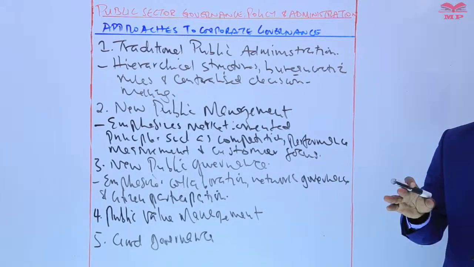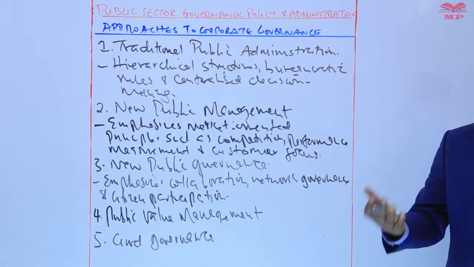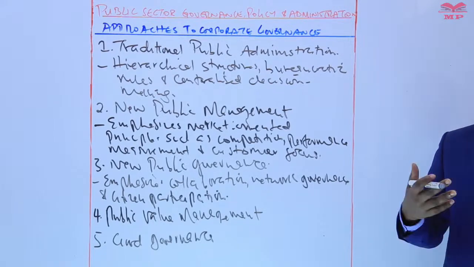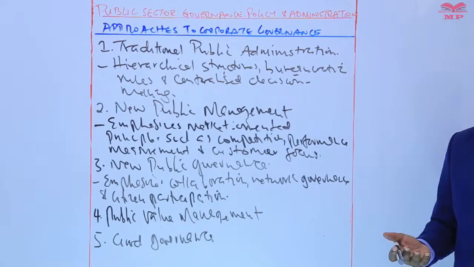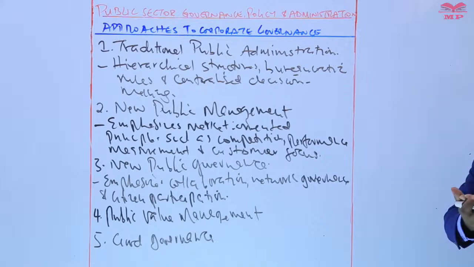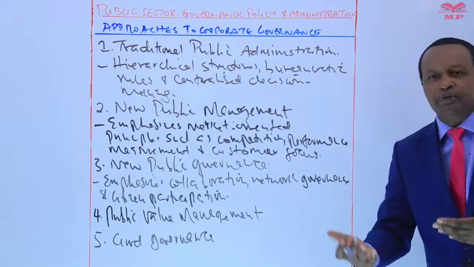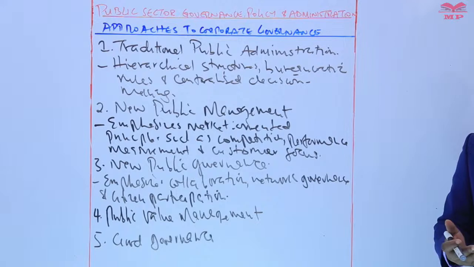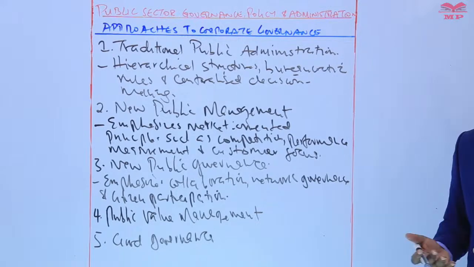It emphasizes the importance of ethical leadership, effective institutions, sound public policy, and so on. So the good governance model aims also to create a stable and predictable environment for public services delivery, but it can also be challenging to achieve in practice.